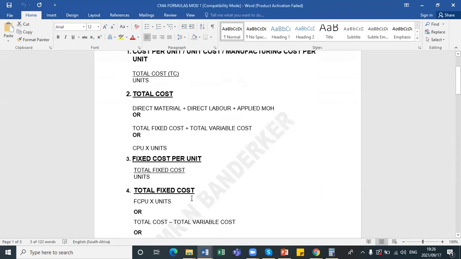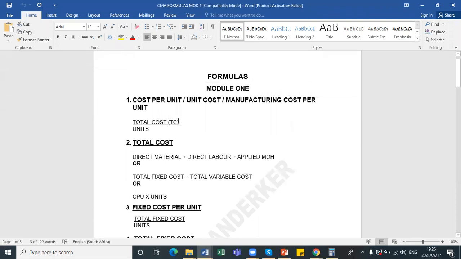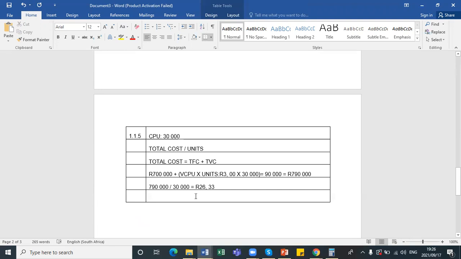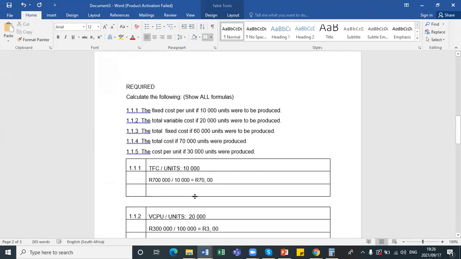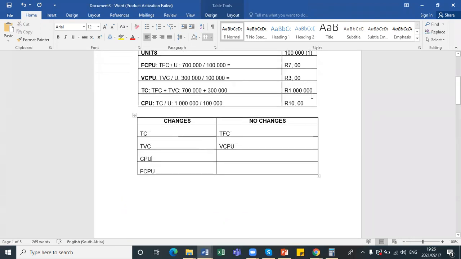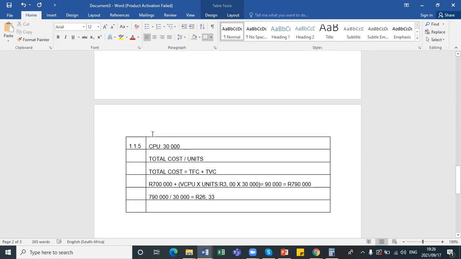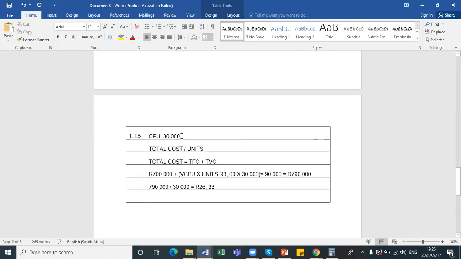There's only one, and the one is total cost divided by units. Now, can I use the total cost when we started of R1,000,000? No, because it falls under changes. So that means I first have to calculate a new total cost before I can calculate a cost per unit.